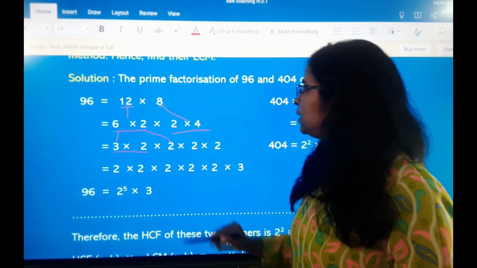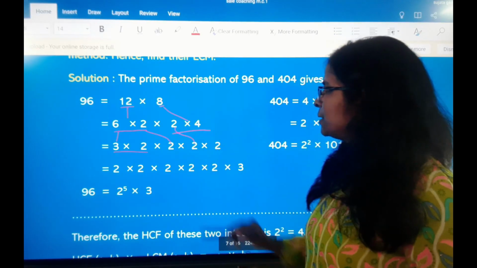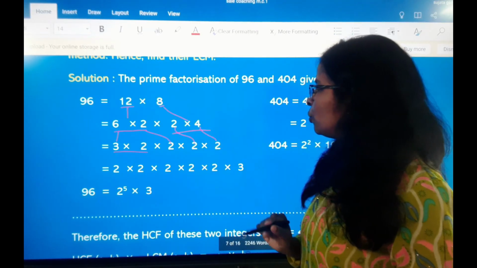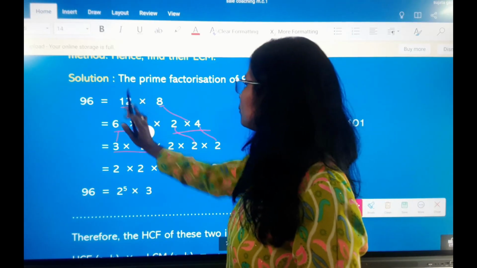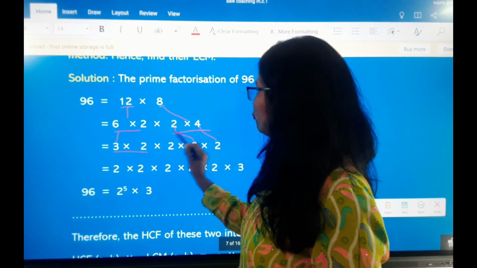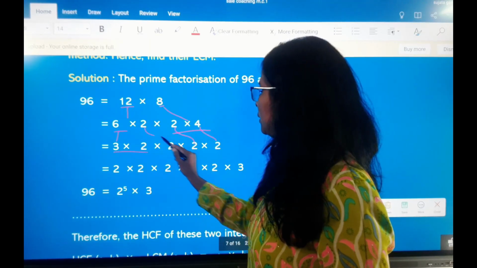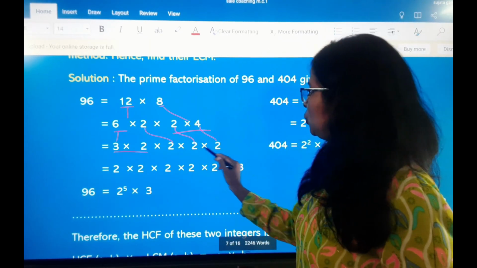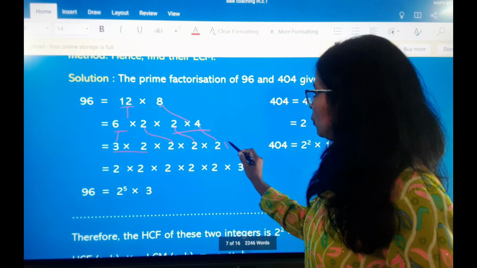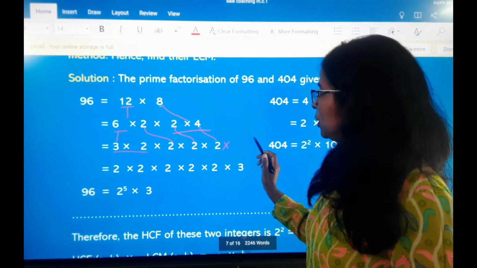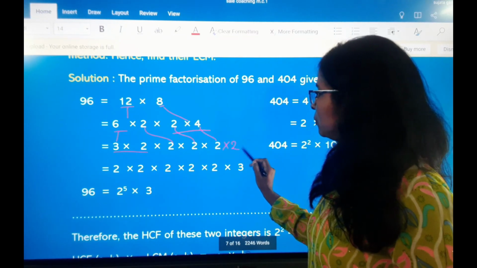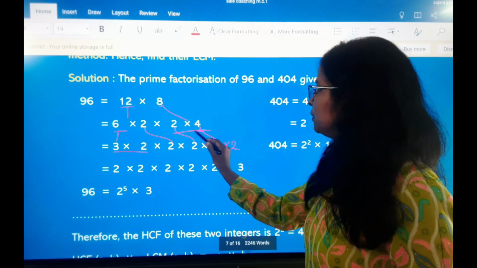The 2s we write as they are, and the 3 and 2 as well.